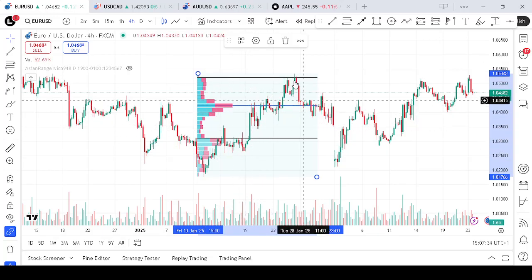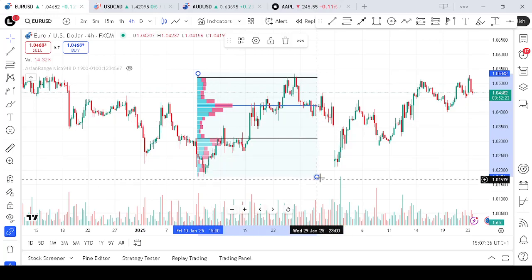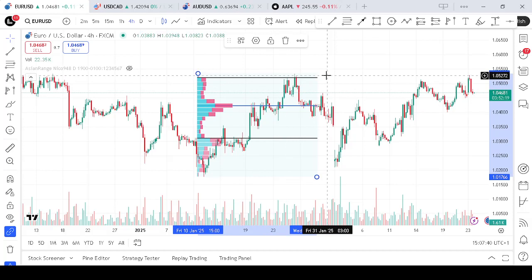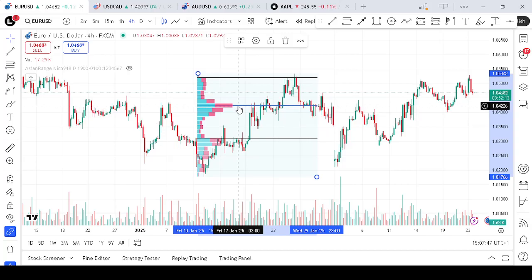As you can see from this screen, this is an example of the indicator, where it has a point of control, which is this line. It has a value area, this area, and it has high and low volume nodes. These are the low volume nodes, these are the high volume nodes.